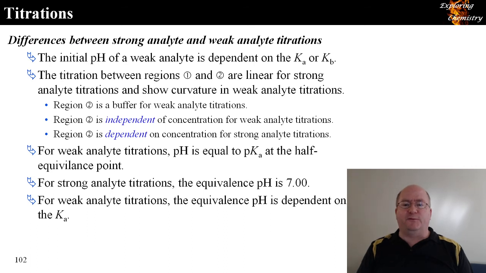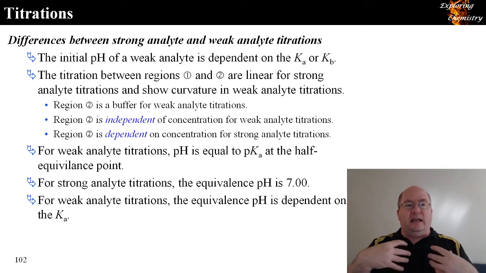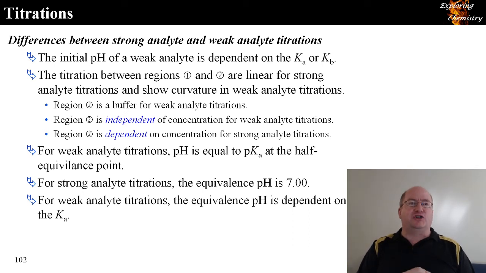So what's the difference between strong analyte and weak analyte titrations? The initial pH of a weak analyte is dependent on the Ka or Kb, how much of it dissociates. That value is going to determine what the initial pH is. The region between 1 and 2 is going to be linear for strong analytes and have some degree of curvature for weak analytes.